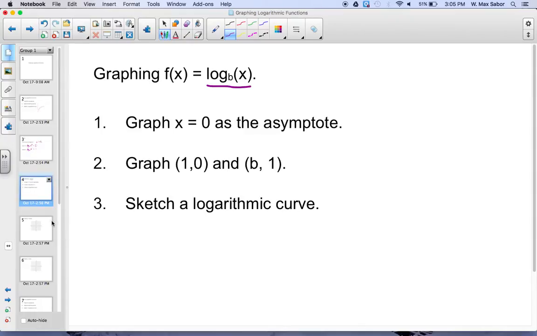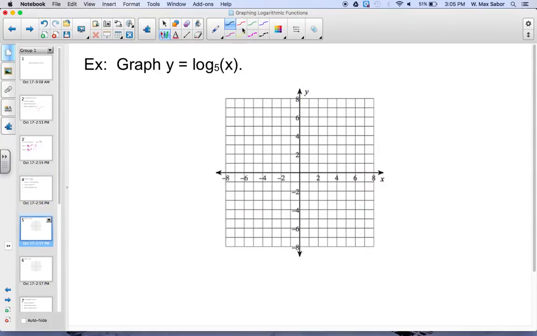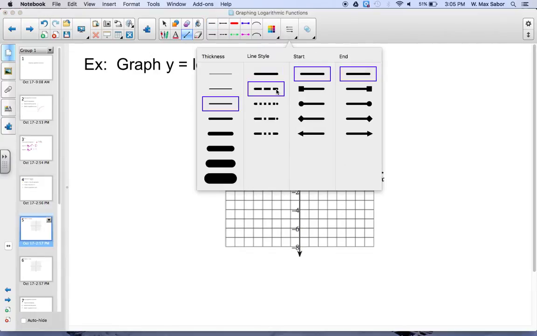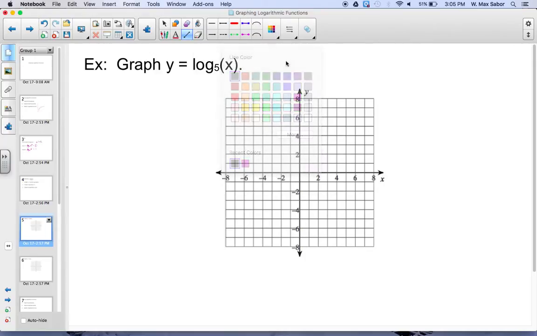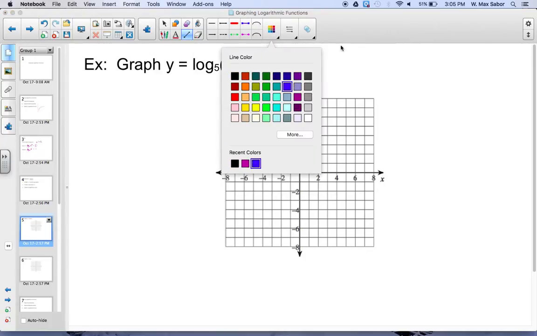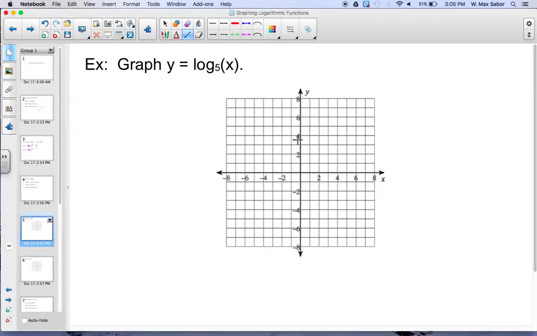So, 2 straightforward examples. If we have this, first we're going to graph x equals 0 as our asymptote. Blue feels like a good color for this. So that's supposed to be x equals 0. And then we graph our 2 points. 1, 0 is on every untransformed logarithmic function.